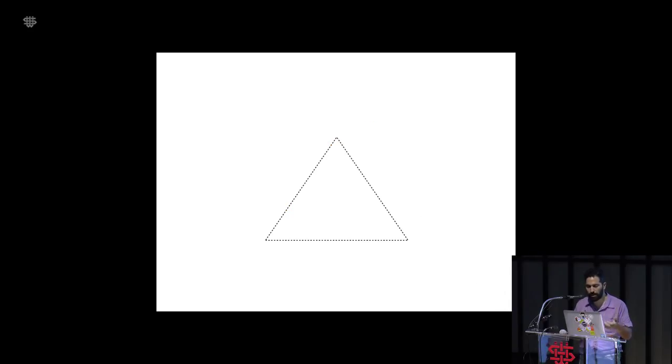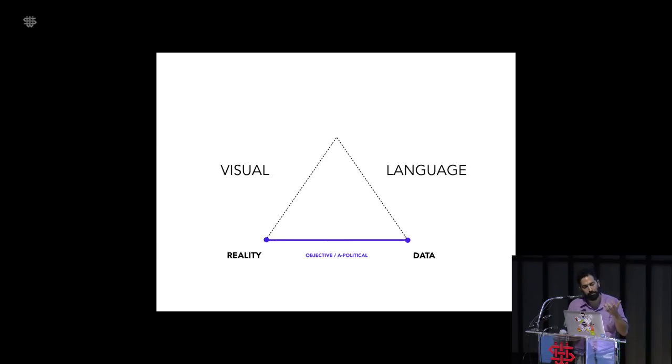So when we're talking about data visualization, we have reality on one corner, which we experience mainly visually. And we have data on the other corner, which is the construct of language. We would many try to imagine this imaginary, objective, apolitical line that goes directly between reality and data, but it doesn't really exist.